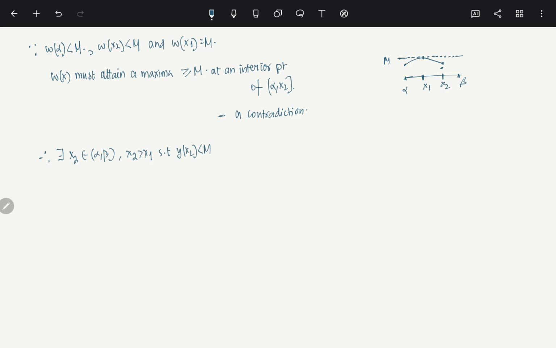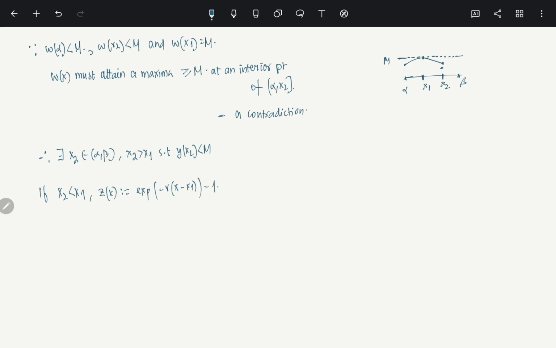Now, what happens if x2 is less than x1? Then we can do a similar sort of analysis, but z of x we have to set a little bit differently. It will be exponential of minus gamma times (x minus x1) minus 1.